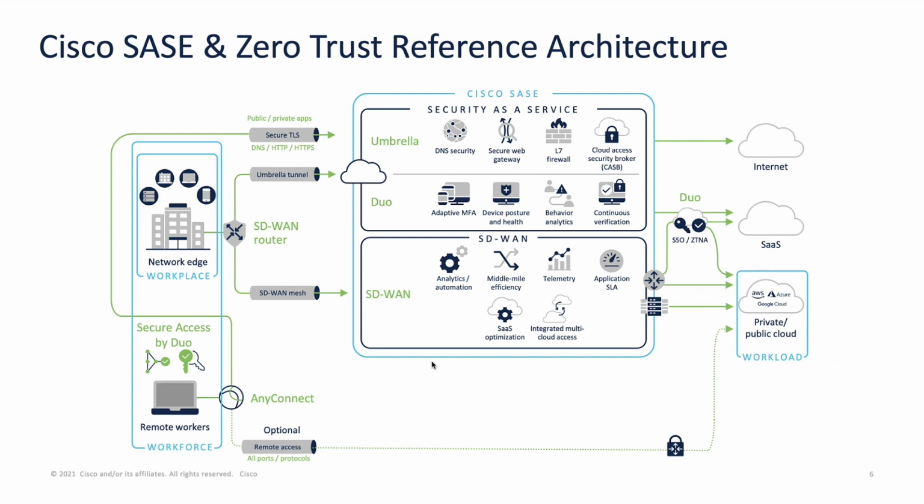This is our reference architecture on a page for both those use cases. I'm not going to go into this in much detail today anyway. I wanted to point out one of the major use cases, which is that remote worker. With the remote worker, no matter where they are, we're going to take that security stack at the top there, labeled Umbrella, that has web gateway, layer 7 firewall, all of that goodness, and put it in front of anything they do so we can make sure that they're secure.